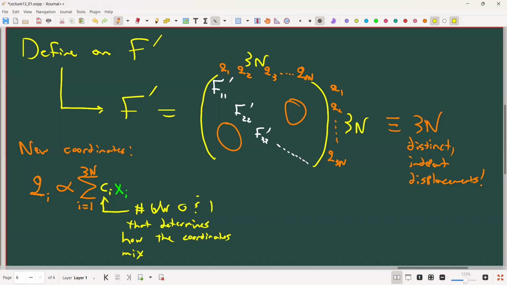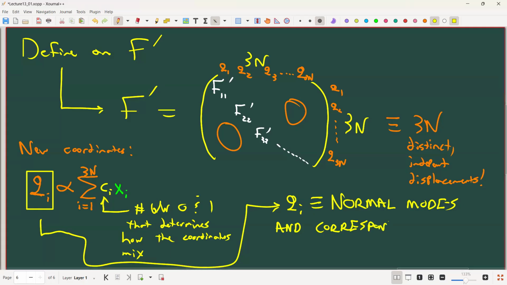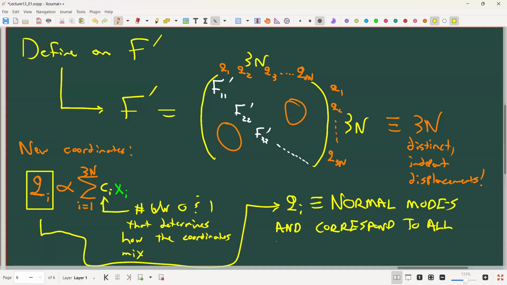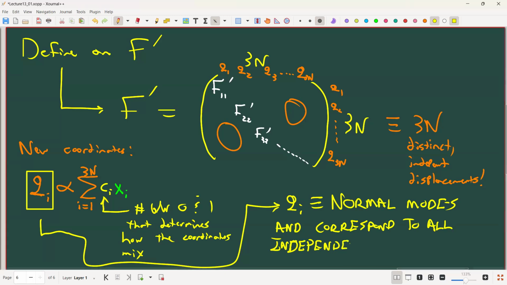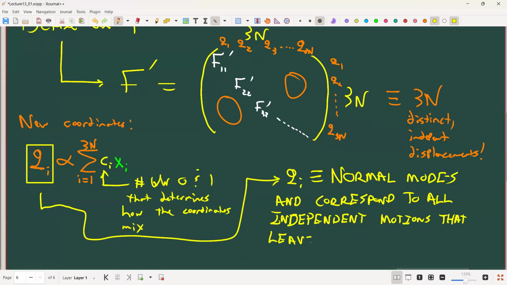And these Q sub i are called the normal modes, and correspond to all independent motions that leave the center of mass unchanged.